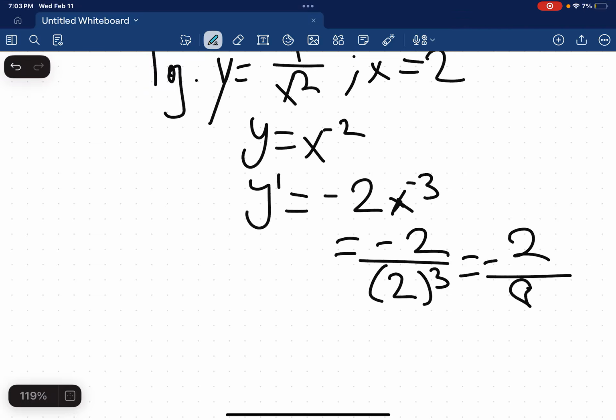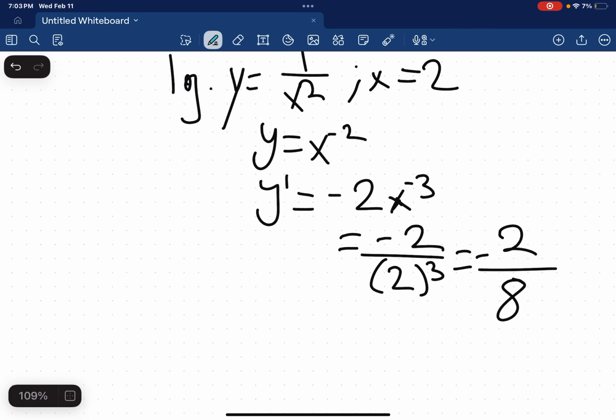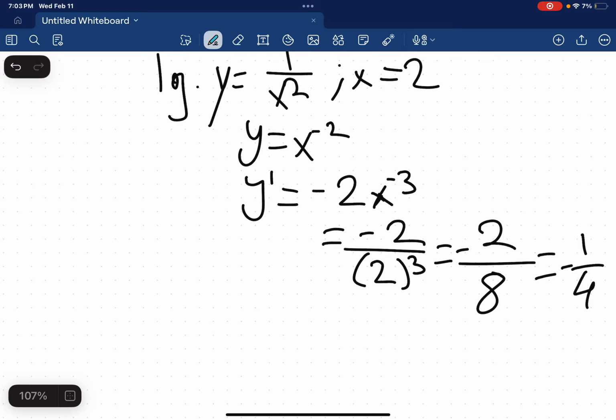And that's just negative 1 over 4. I was trying to simplify it, but whatever.